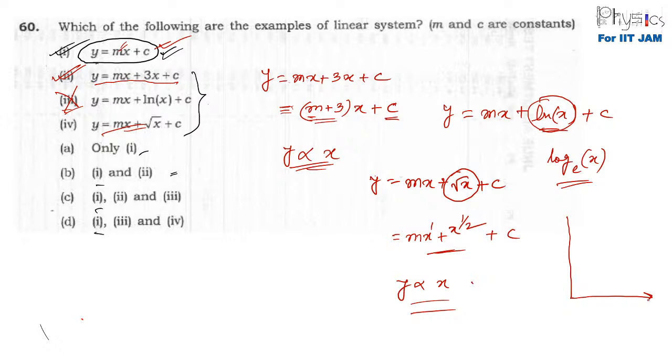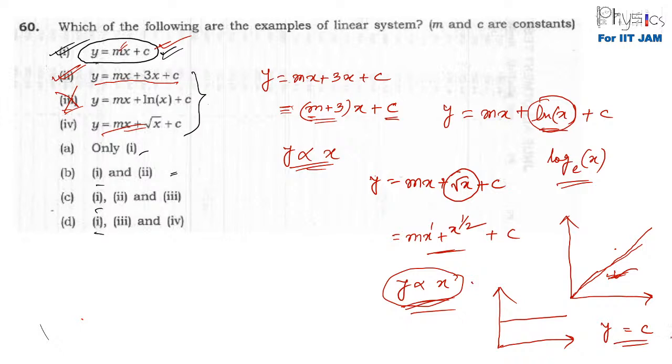Here we can see an example of a linear system, where y is proportional to x. It is just a straight line. The equation of it is linear, and it gives us y proportional to x. And this is again linear, where y is equal to a constant.